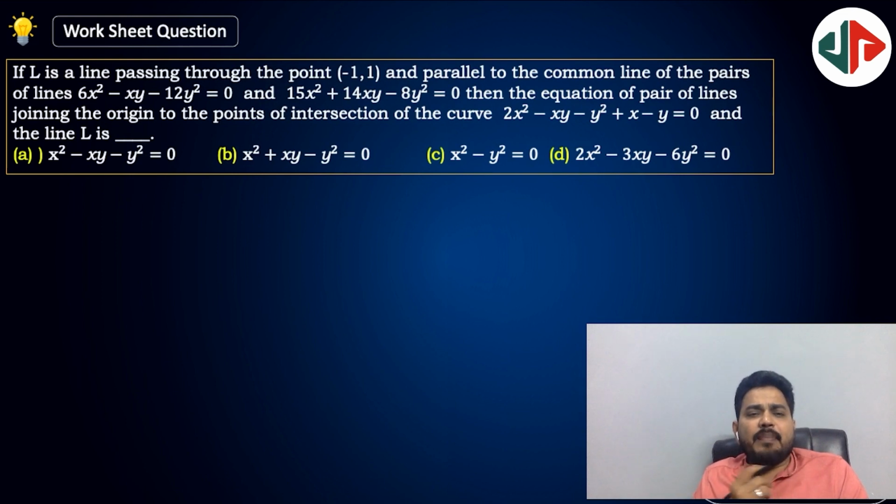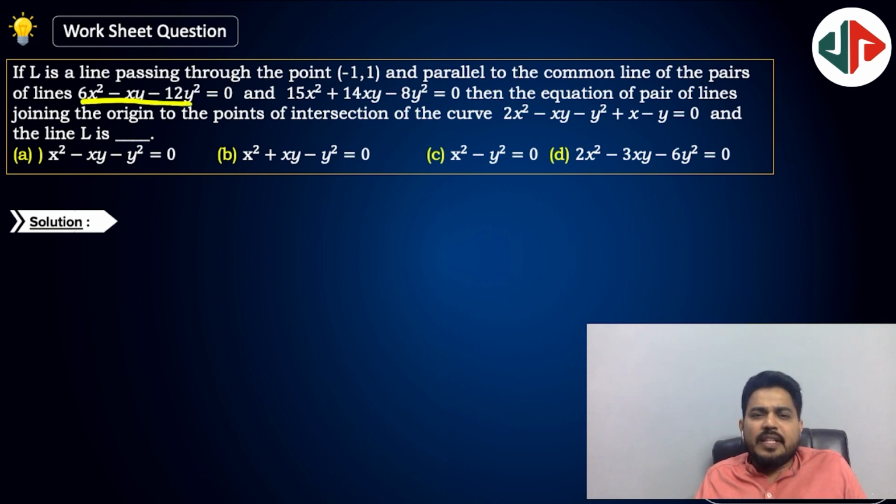L is a line passing through the point minus 1 comma 1 and parallel to the common line of the pair. So the two pairs of lines are given, and a line is passing through this point parallel to the common line. So what is the common line for these two?